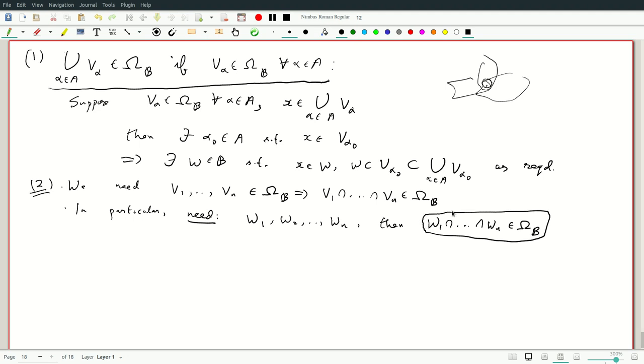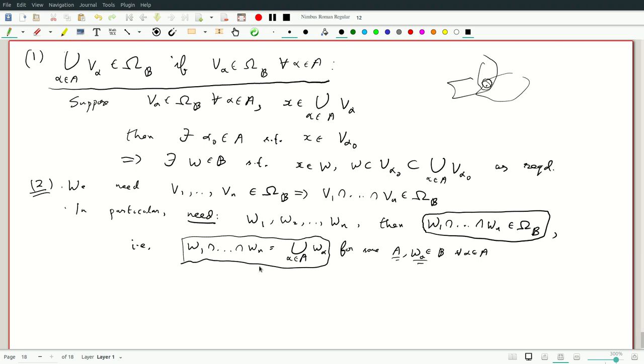We can think of it two ways, either straight out from the definition, W1 intersection ... intersection Wn is the union of alpha in A of W alpha for some A, and then W alpha is in B for all alpha in A. Given the set A and given W alpha, this is the union. So every intersection is a union of sets in the basis.